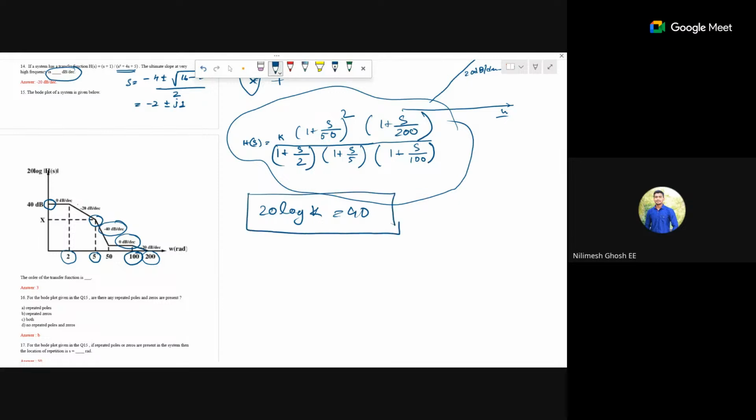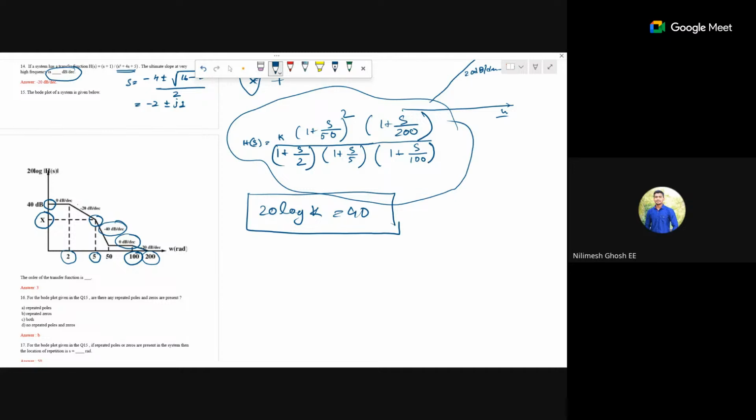Now how can you get the value of x here? That is the main thing. Which x, sir? This x. We need to do some geometry, I think. So what will be your process?